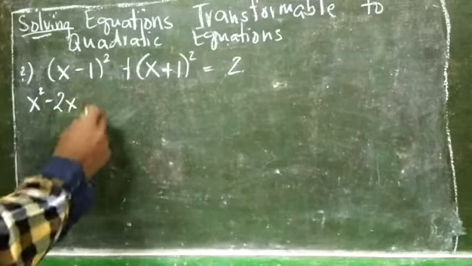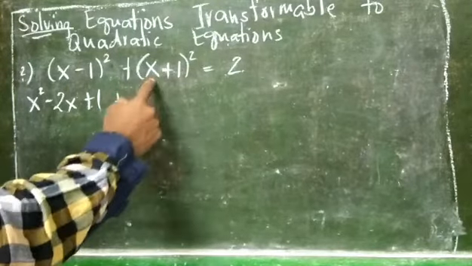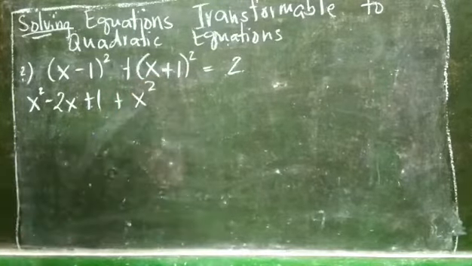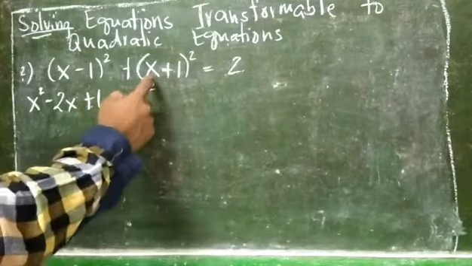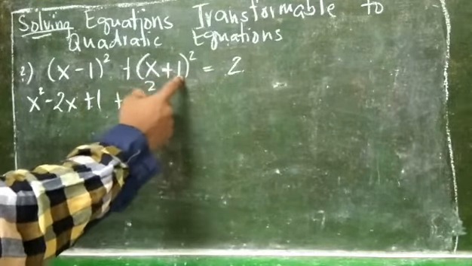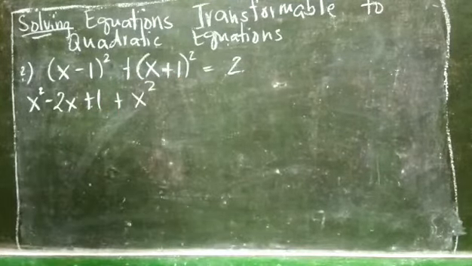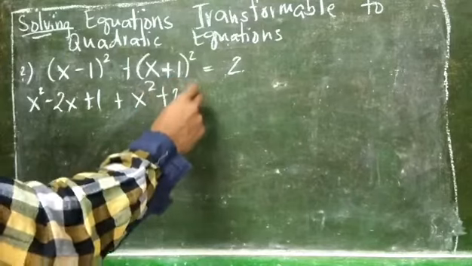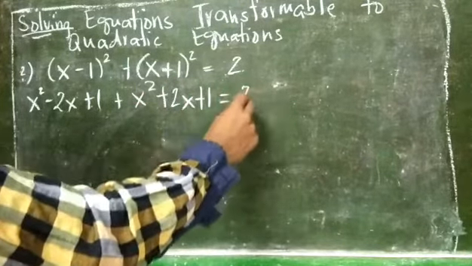Then square of the last term, positive 1. Okay, plus the square of the first term, x squared, twice the product of the first term and the last term. Okay, get the product of these two terms, x times 1, that is x. Getting it doubled, makukuha natin ang 2x. Then square of the last term plus 1 equals 2.